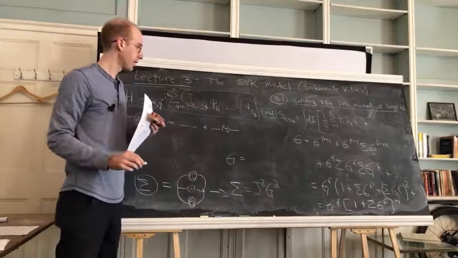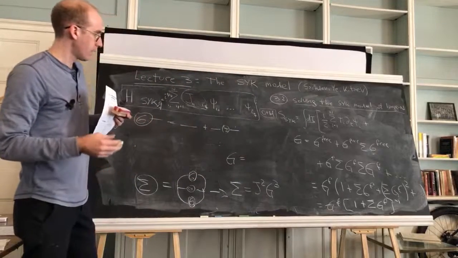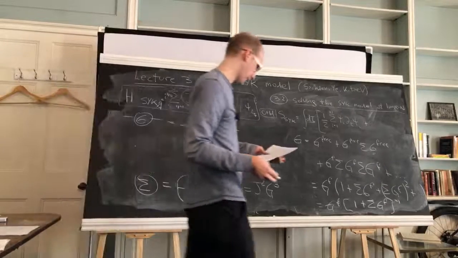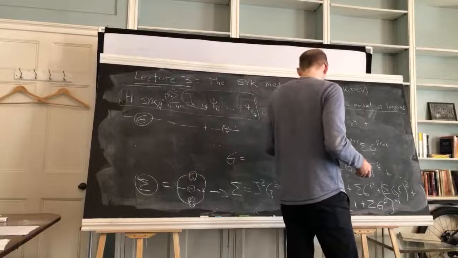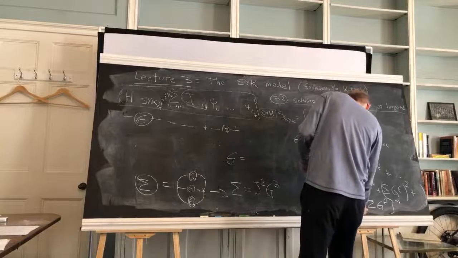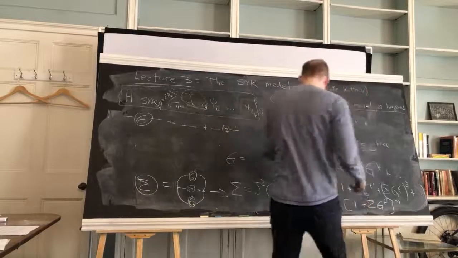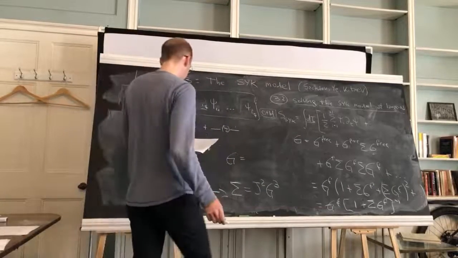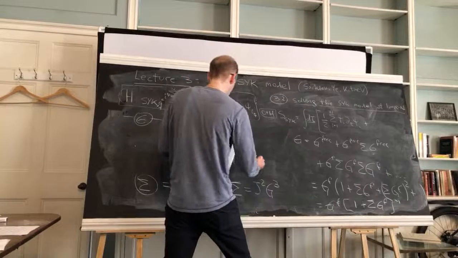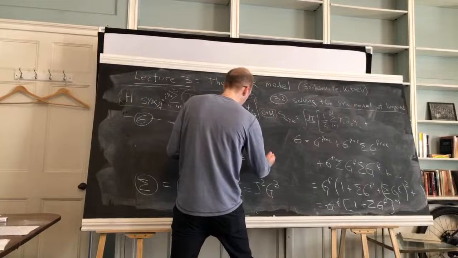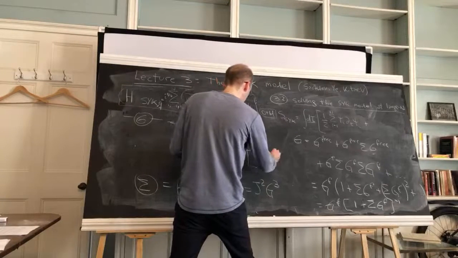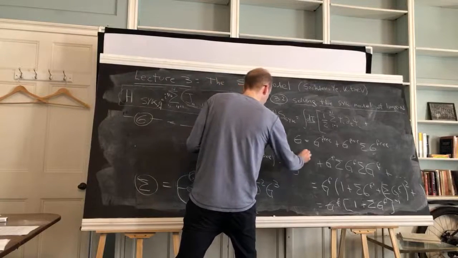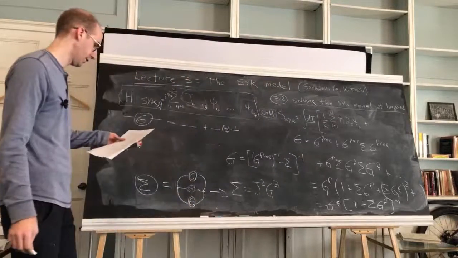Would it be 1 minus sigma? 1 minus sigma, yes. Yeah, so why I put a plus here, I don't know. Sorry, minus. So then what we get here is G free to the minus 1 minus sigma, everything to the minus 1.